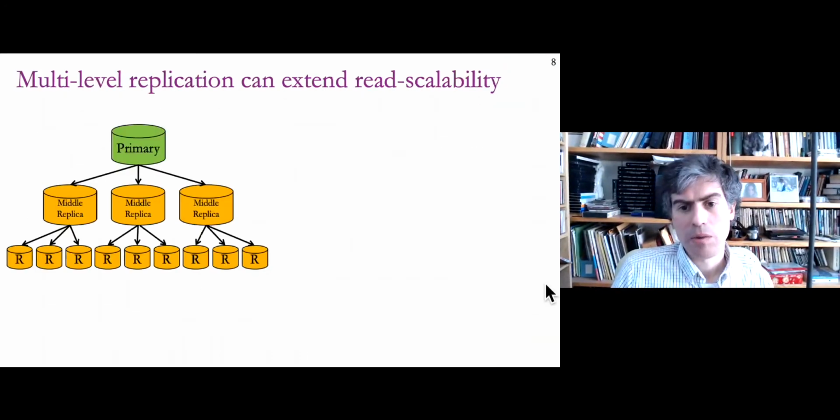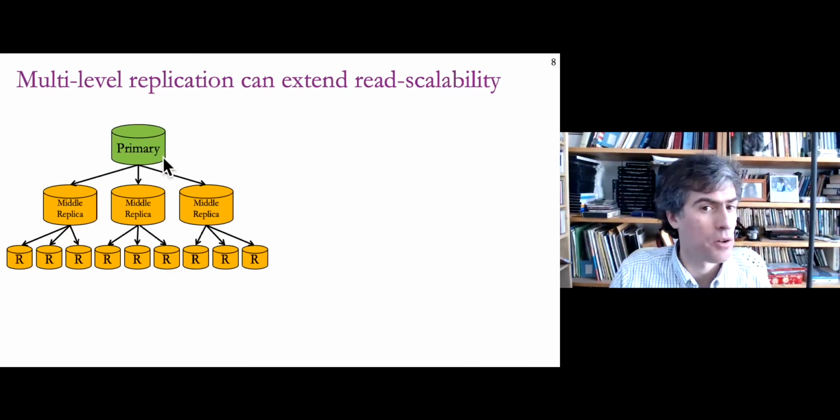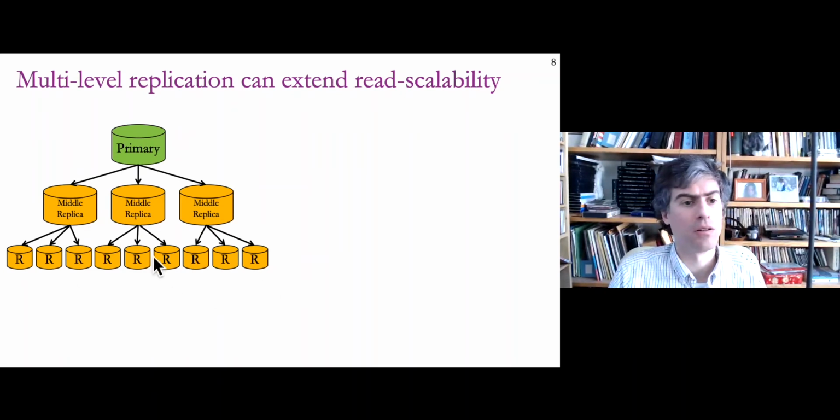Well, what you might come up with is a way to have the primary database not send n copies, but a smaller number of copies. In the best case, it could send just one copy. In this case, I'm showing a two-level hierarchical replication system where the primary database is sending 3 copies of its writes to these middle replicas, and then those middle replicas are sending 3 copies to the read replicas.